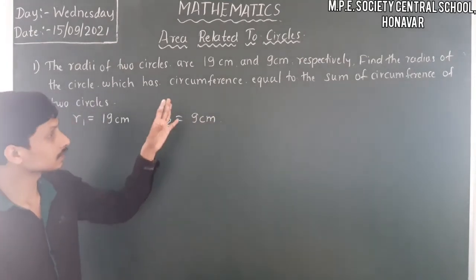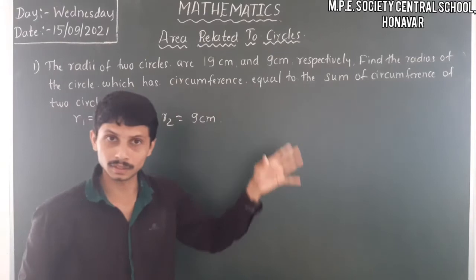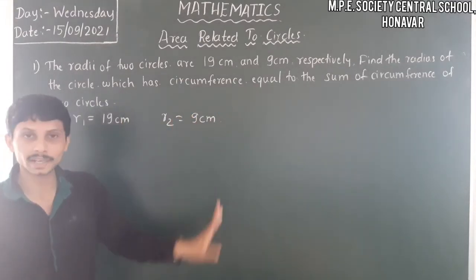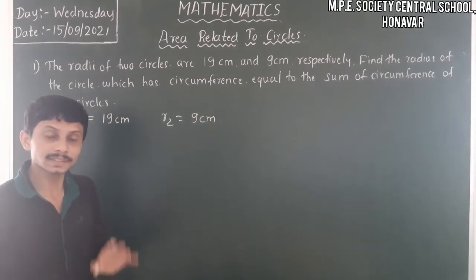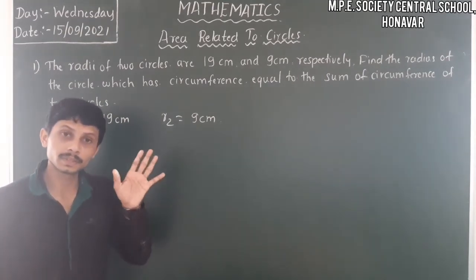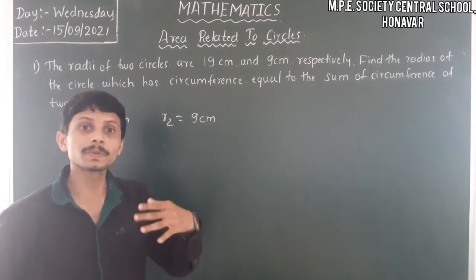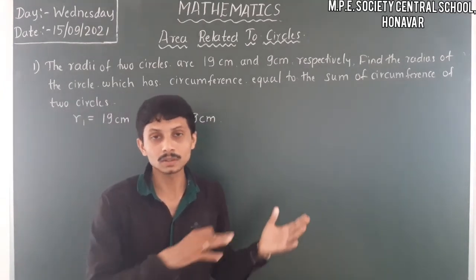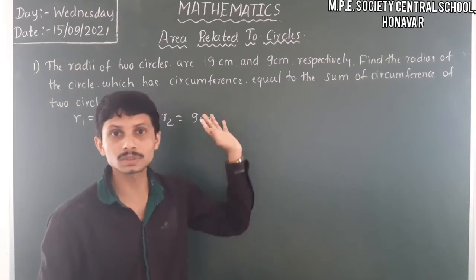There are three circles, one bigger circle and two small circles having radii 19 centimeter and 9 centimeter respectively. It is given that the circumference of the bigger circle is the sum of the circumferences of the two other circles.